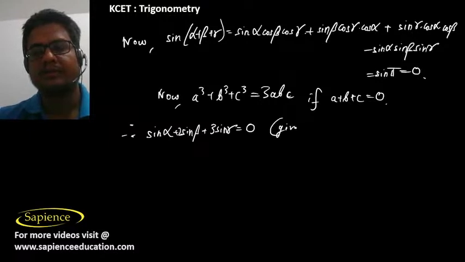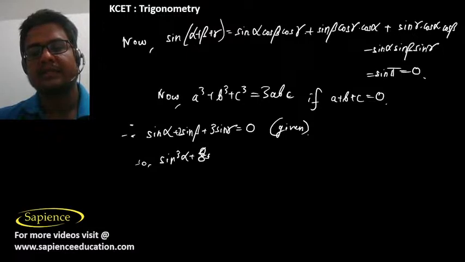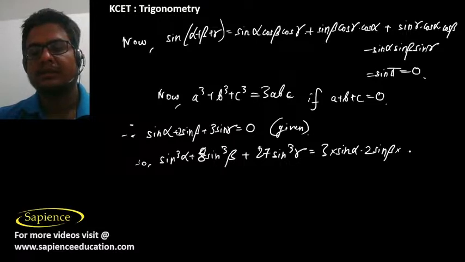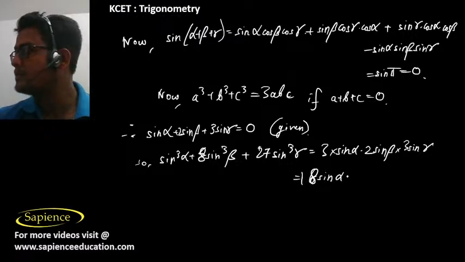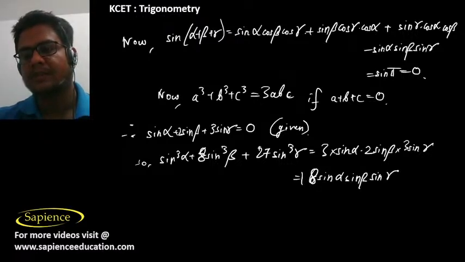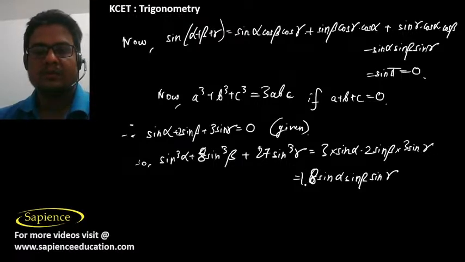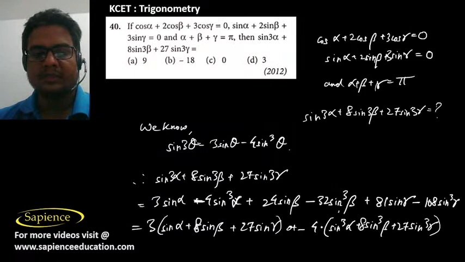It has been given. So we can say that sine cube alpha plus 8 sine cube beta plus 27 sine cube gamma is equal to 3 into sine alpha into 2 sine beta into 3 sine gamma. So that is 6 times 3, 18 sine alpha sine beta sine gamma.